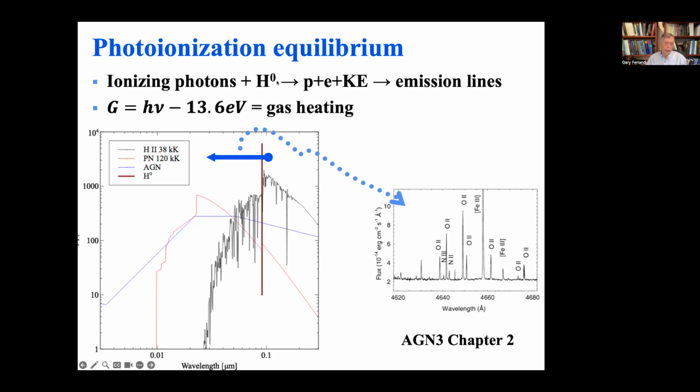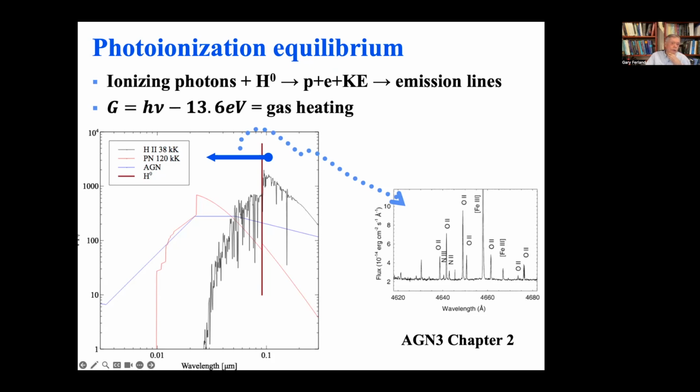So if this ionizing photon has 20 eV, then there's 6.4 eV left over once the atom is broken apart into a proton plus electron. That's the kinetic energy that the photoelectron has. The photoelectron has a great deal of energy, the residual energy of the incoming photon. And then the work that Cloudy is doing, in codes like it, is taking the atomic data to try to convert this into emission lines.